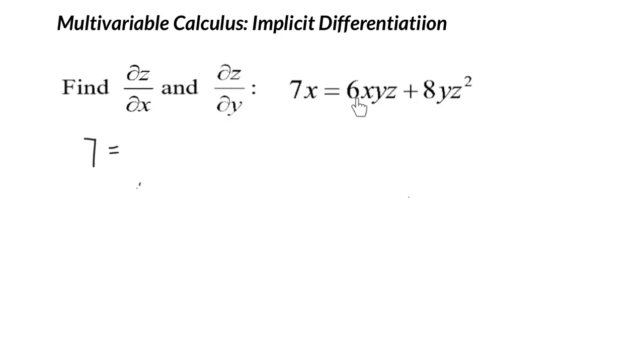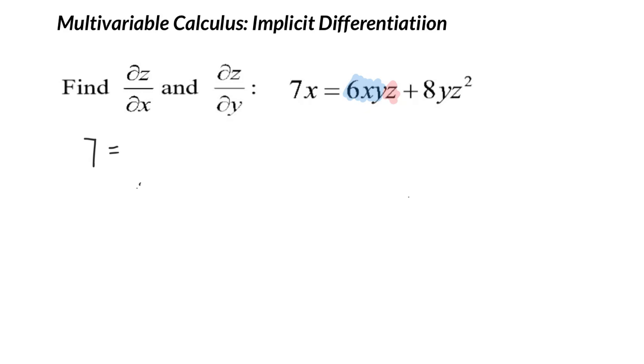I have 6xy and z. So 6xy and z. Remember, y is being treated as a constant. So here's how I'm going to kind of break this apart. I'm going to treat this as a function, and I'm going to treat this as a function, and I'm going to have to do product rule.